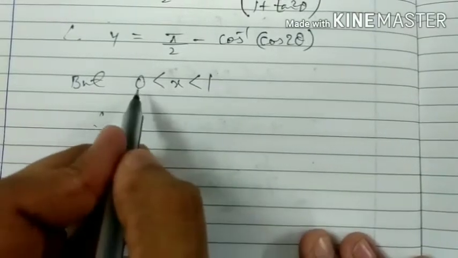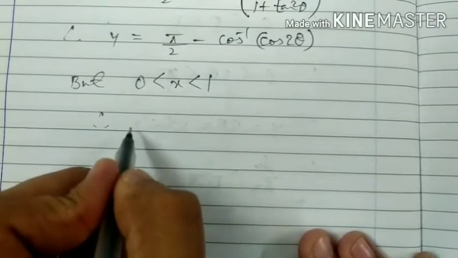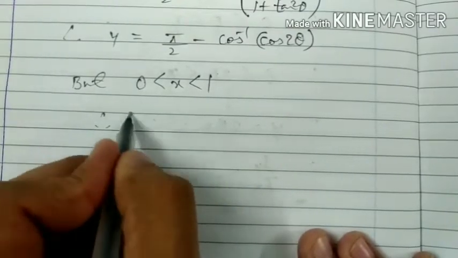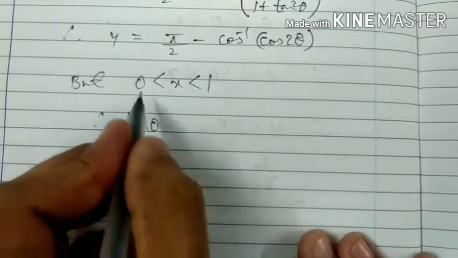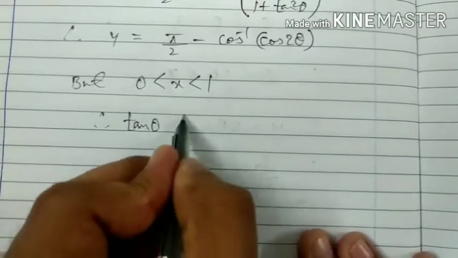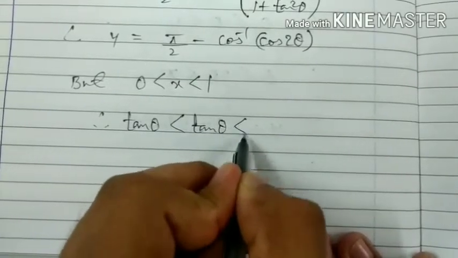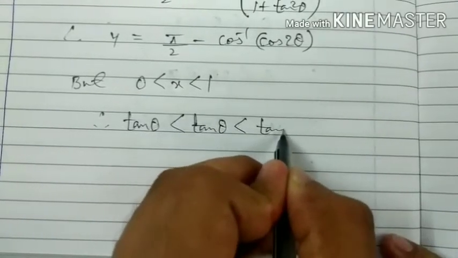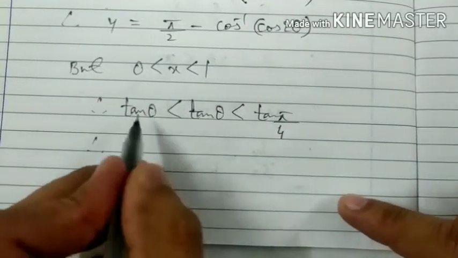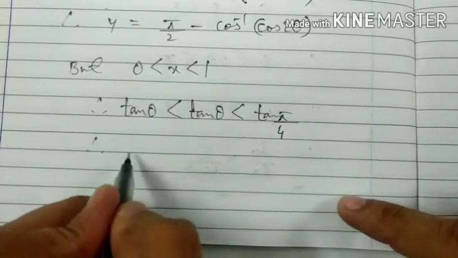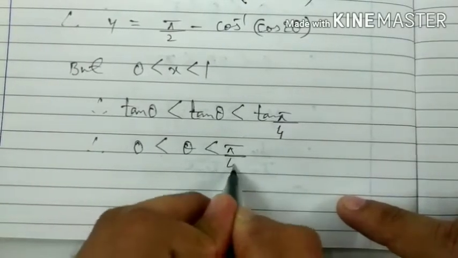First write all these terms in the form of tan. So for 0 we will write tan 0, as we know that tan 0 equal to 0. For x we will write tan theta, and for 1 we will write tan pi by 4. Now removing tan, we can write 0 less than theta less than pi by 4.